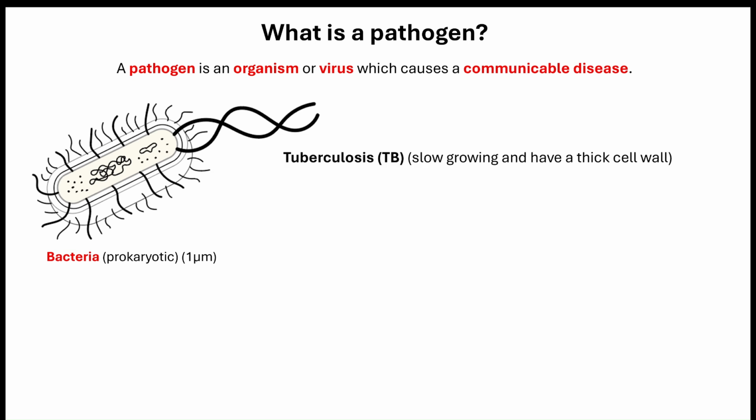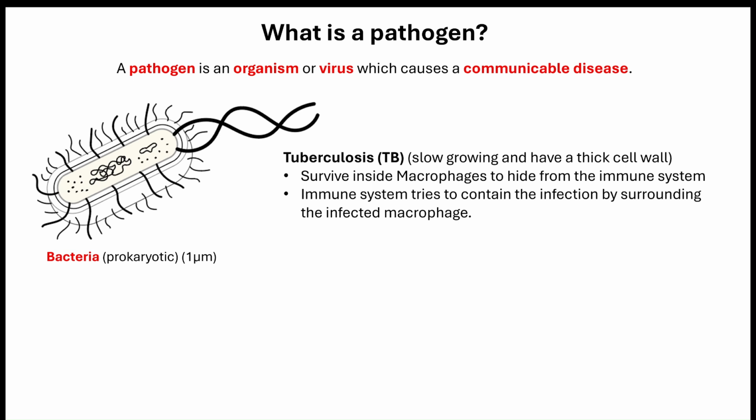So the ones you do need to know are tuberculosis. Now, tuberculosis is a slow-growing pathogen and it has a thick cell wall. So it survives, interestingly, inside macrophages. So basically it hides from the immune system by surviving inside your macrophages.